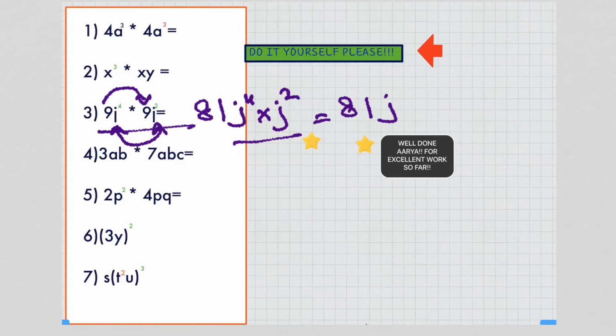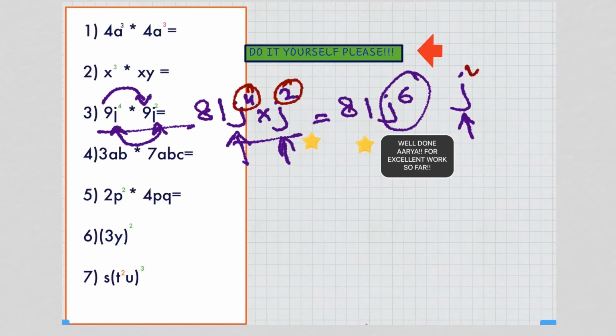Why j^6? Because we just learned that if the base is the same, j is the same, then we can add the powers together. 4 plus 2 gives us j^6. That's how we got 81j^6 as the answer.